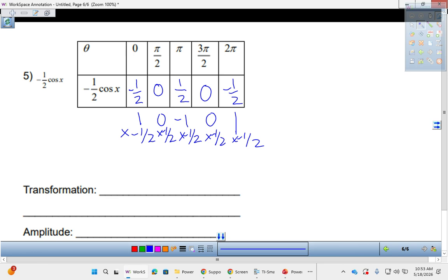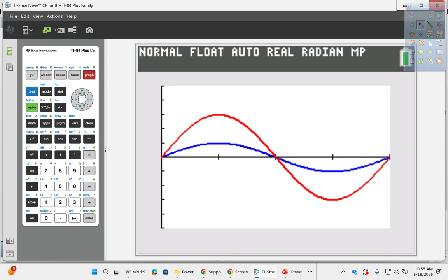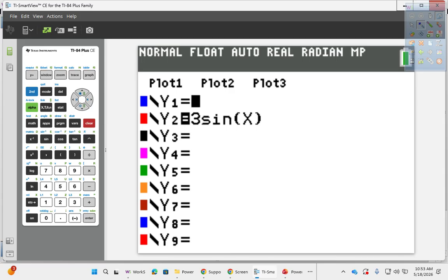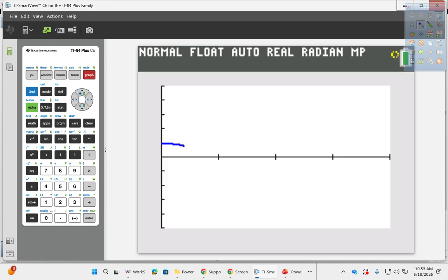So if I wanted to see what this one looks like, because you don't have to have any of these descriptions memorized, right? I would, in y1, put cosine of x, because now I'm working with the cosine. And in y2, negative 0.5 or negative 1/2 cosine of x. Remember, the original's going to be blue, and the new one's going to be red. They're color-coded like that. All right, so the difference, it looks like they started at opposite places.